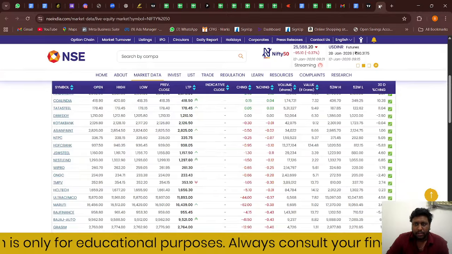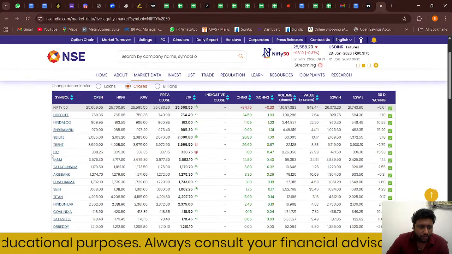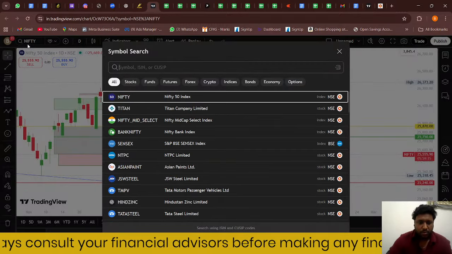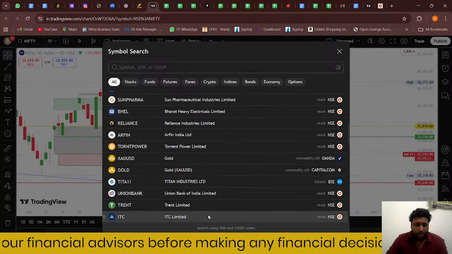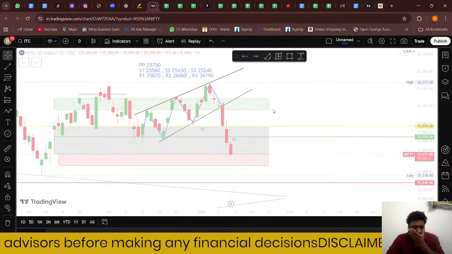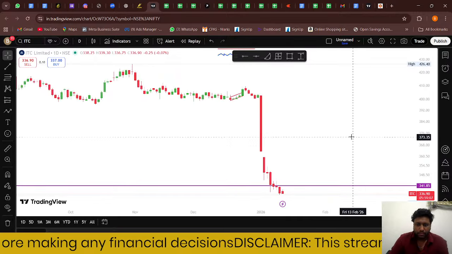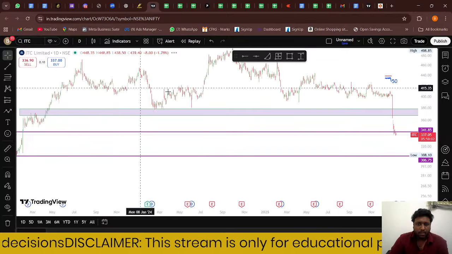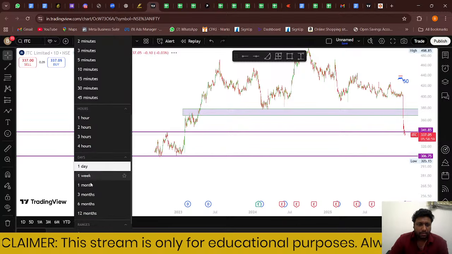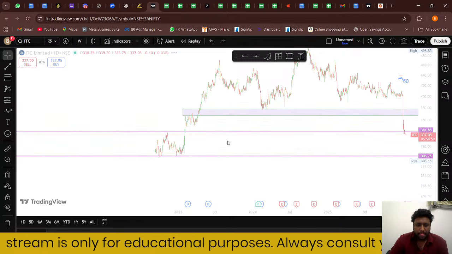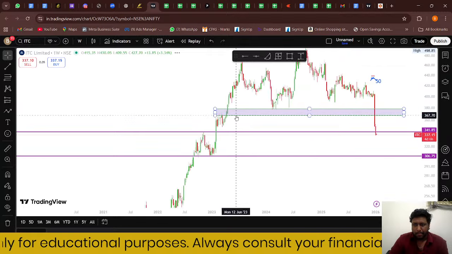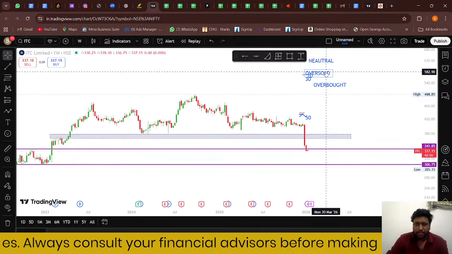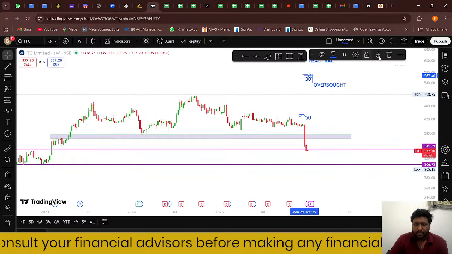So we'll have a look at a few stocks also: Tata, Shahin, HDFC, ITC. We'll have a look at ITC because I feel like ITC is coming back after that huge drop. ITC, this level has also been broken, if you see.